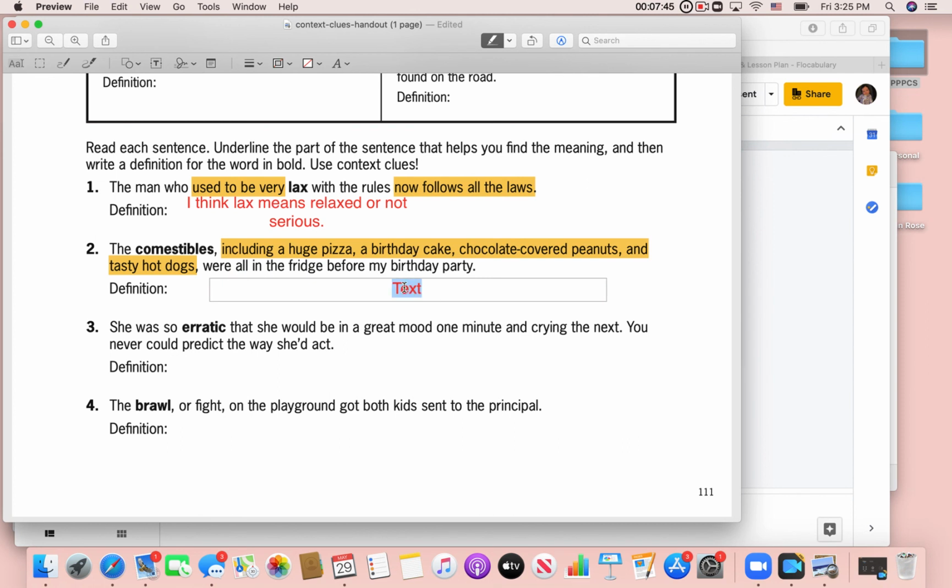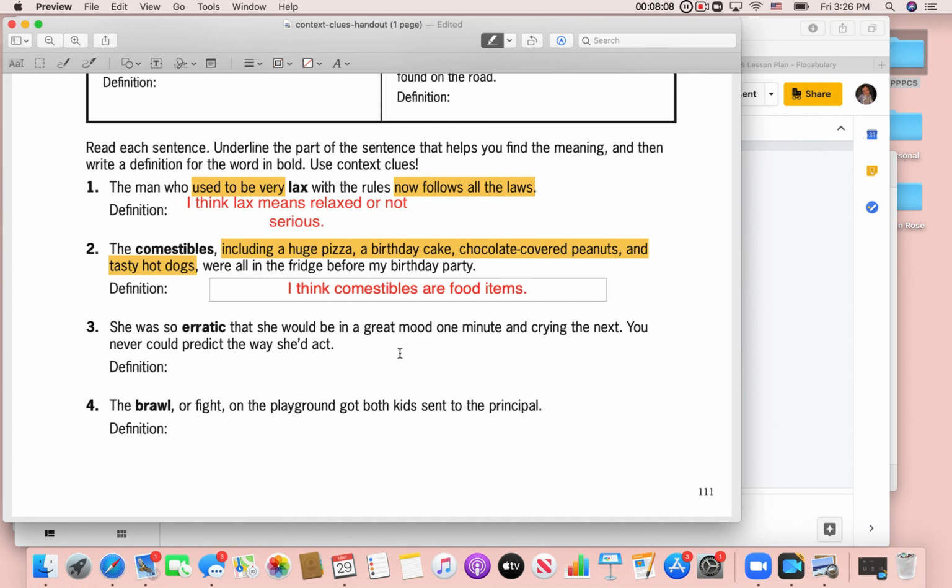I think comestibles are food items, right? Those are examples of food: pizza, birthday cake, chocolate-covered peanuts, and hot dogs. So I used the examples in the sentence, those context clues, to help me figure out what the word means.